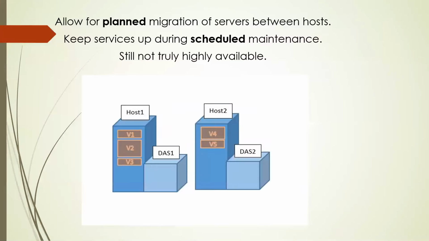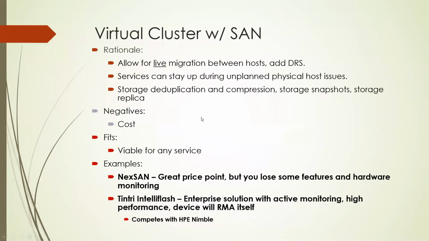All right, so back to our slide deck here. How do we go to the next step? If VM Replica was the entry-level redundancy, what's the next step? The next step would be to get a cluster. That would allow you live migration between your hosts and add some dynamic resource management.